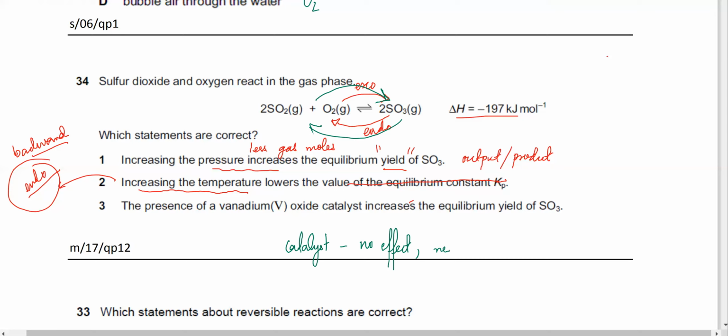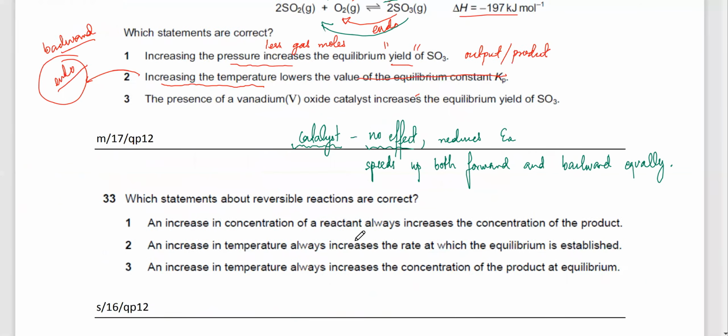It reduces activation energy and speeds up both the forward and the backward reactions equally. That is what a catalyst would do. So remember, catalyst has absolutely no effect on the equilibrium position.